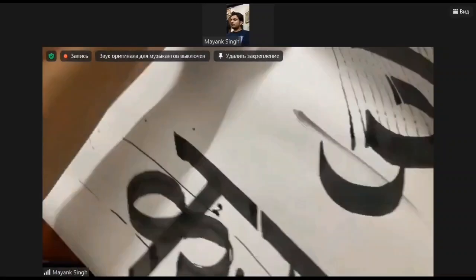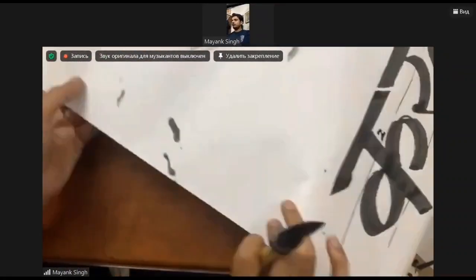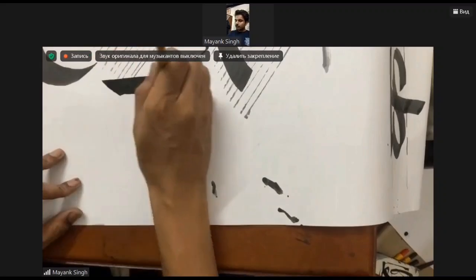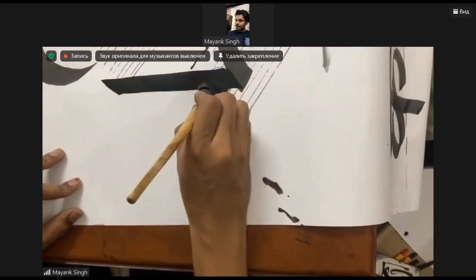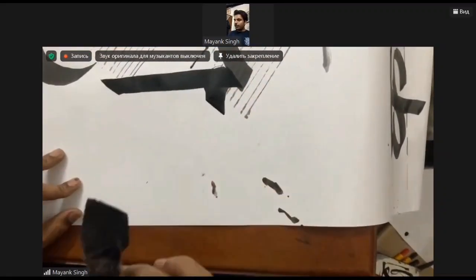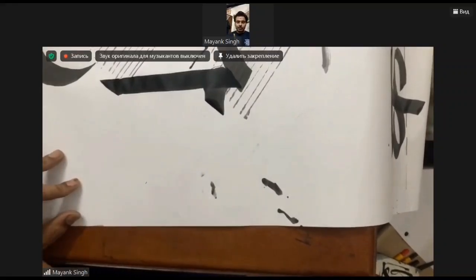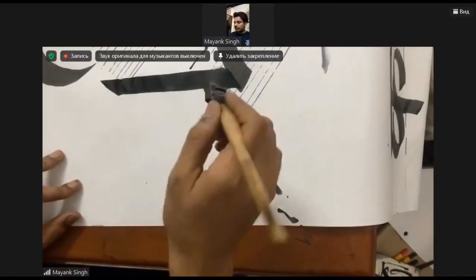And now comes Iya. We remember the stroke that we did in the last class, that is E or Da or Jha. So it's a similar stroke.